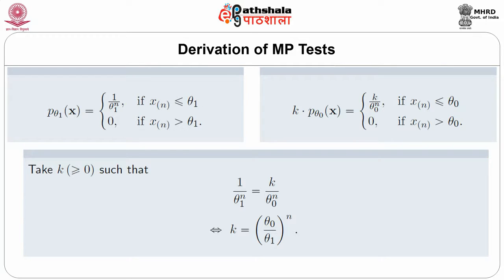And this is because we have flexibility in selecting the value of phi, the test function, in this region where p_theta1 and k p_theta0 are the same.